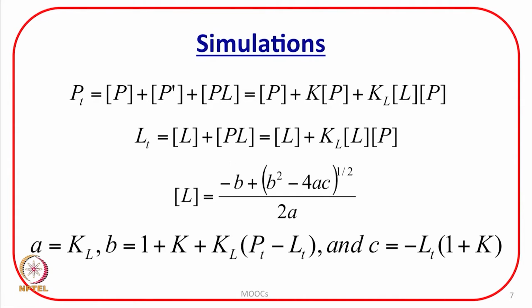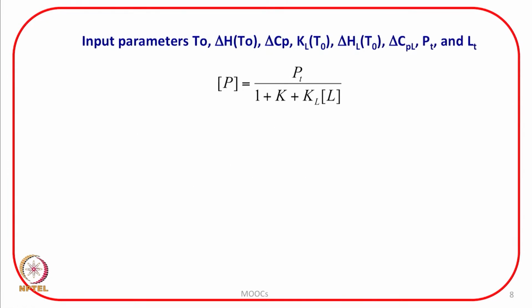Therefore, after doing this, what we have are the input parameters from the DSC: transition temperature in the absence of ligand, delta H in the absence of ligand, delta Cp, KL T0, delta HL T0, delta CPL, PT and LT.